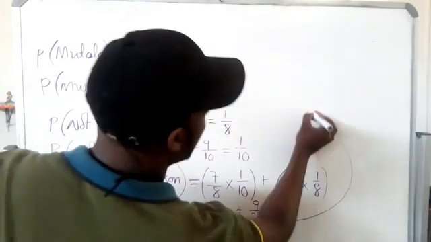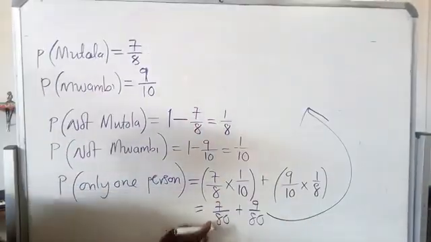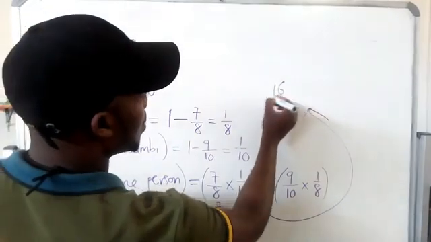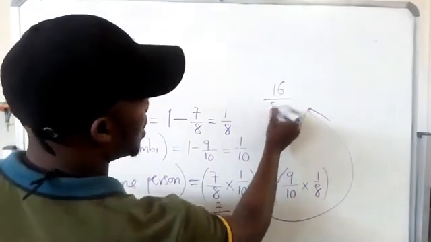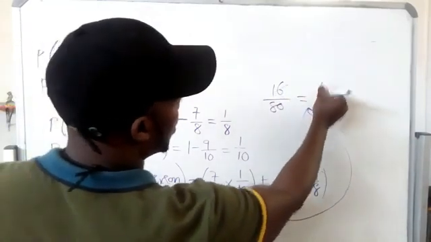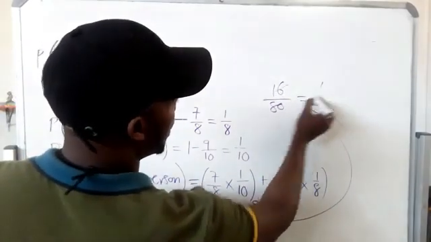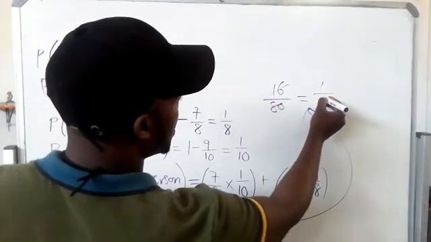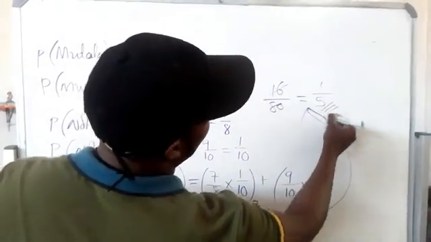So let me do my calculations somewhere here. So when you add this, you have 16/80, which can be reduced: 16 goes into 16 once, and 16 into 80 is 5. So this is our answer.